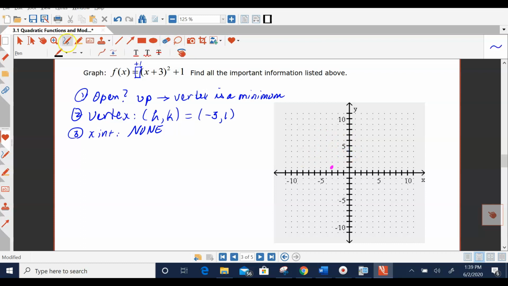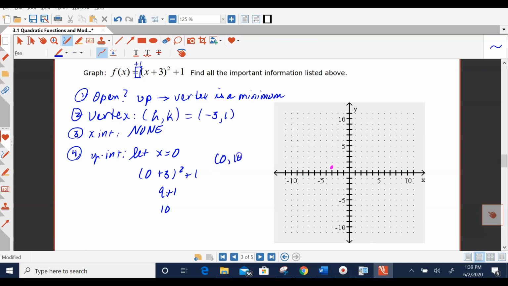But because it's opening upward, I see it's going to cross the y-axis somewhere. So let's find the y-intercept. And remember, we find that by letting x be equal to 0. So I have 0 plus 3 squared plus 1. 9 plus 1, which is 10.